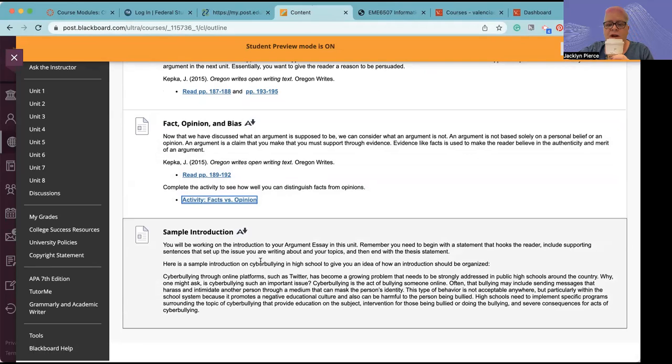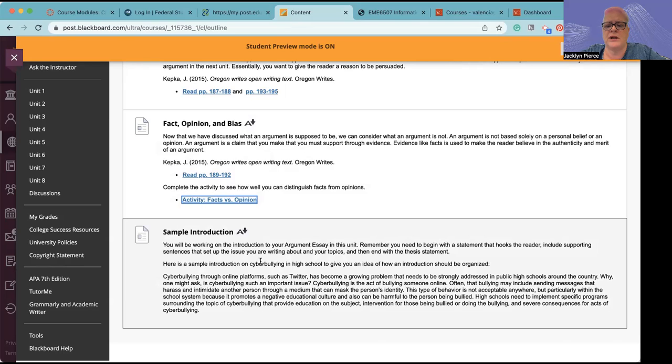Now, I want to be very, very clear with this sample. This is a sample argumentative intro, but we are not writing cyberbullying papers. So this is literally just a sample of the kinds of things that you can do in an introduction, such as asking a question. For example, you see the second sentence there is a question.